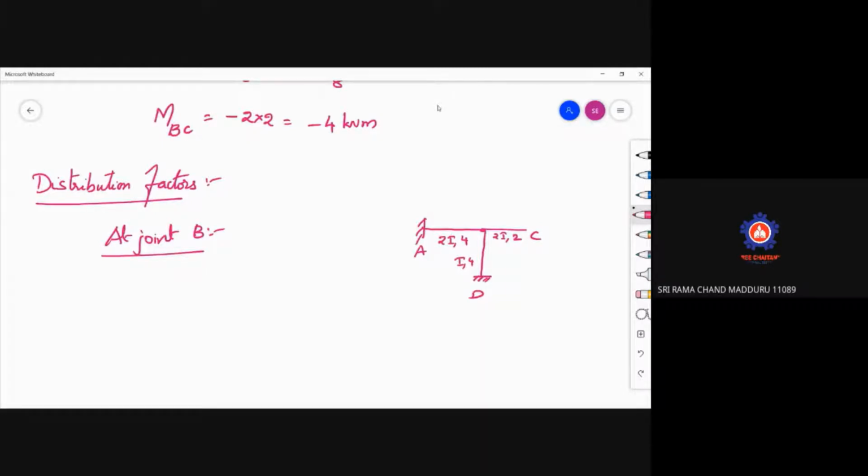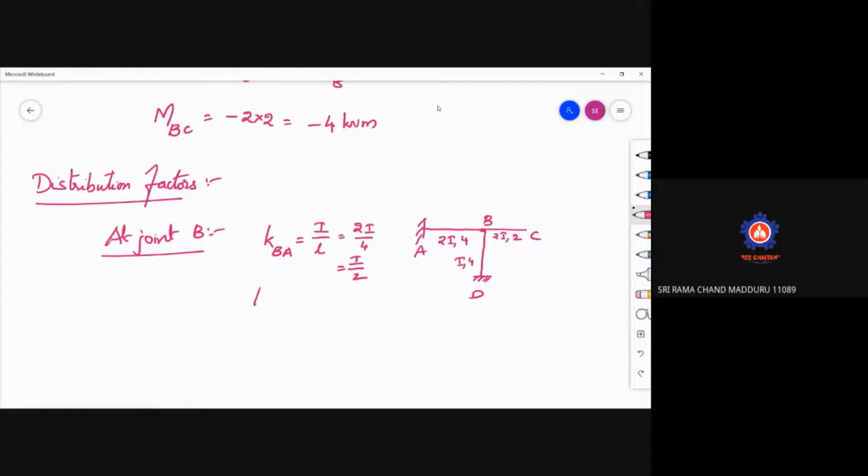Now we need to write down the relative stiffness of the members. KBA is equal to, as this is joint B and the far end is fixed, I by L, which is 2I by 4, that means I by 2. So the relative stiffness of KBA is 2.